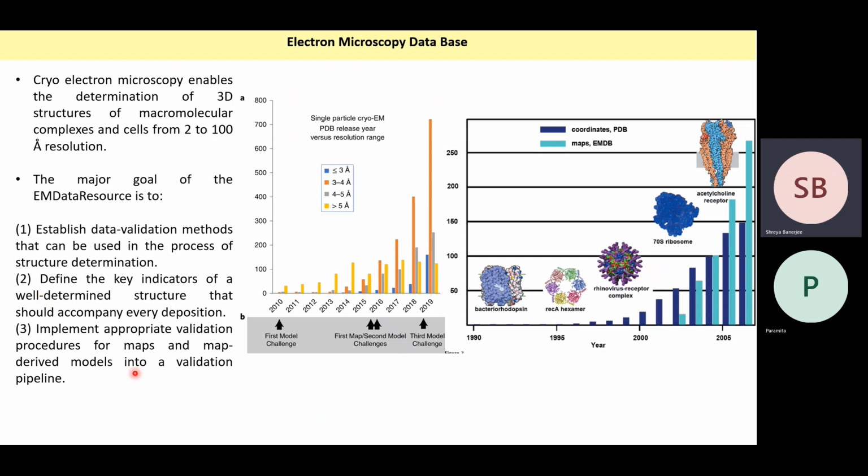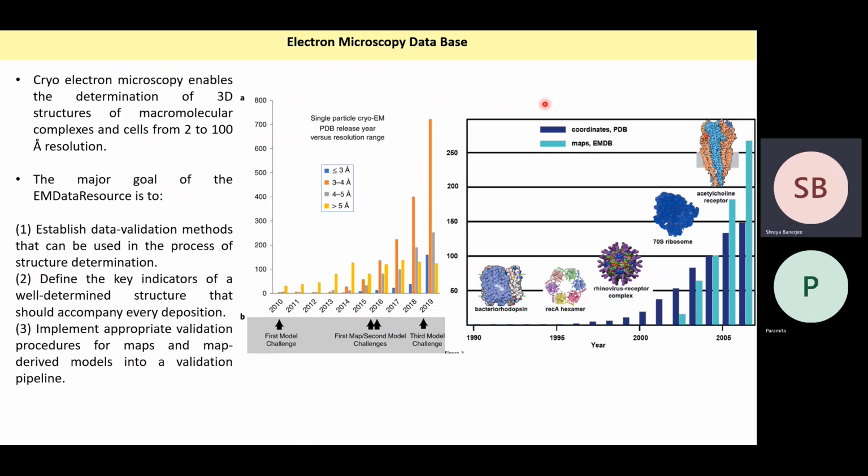So what EMDB does is that it freely provides the different procedures used to get a good resolution structure from cryo-electron microscopy. And it provides example structures that people can refer to, to find out whether their structure is valid enough. And it helps people validate their structures using different correlation maps.